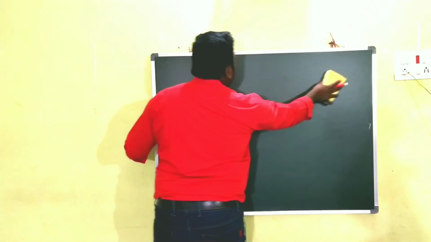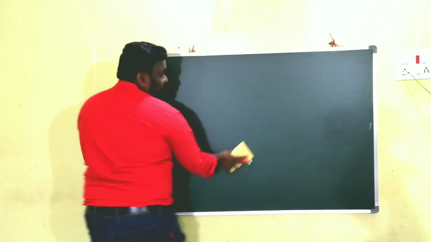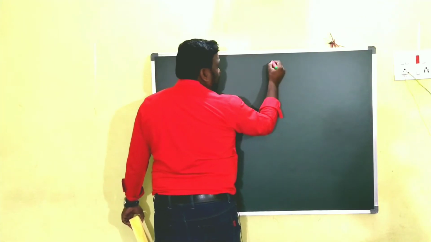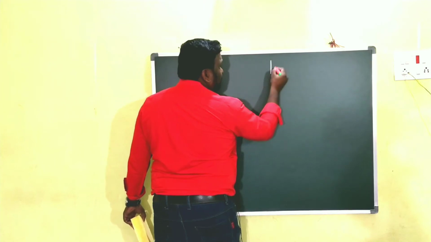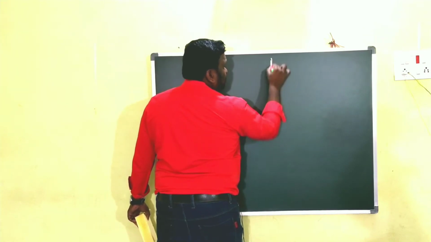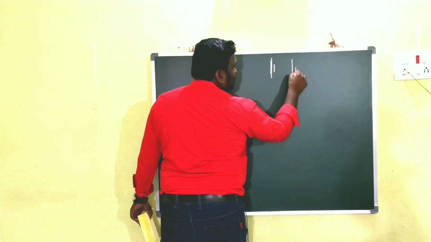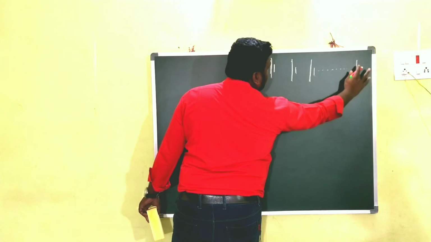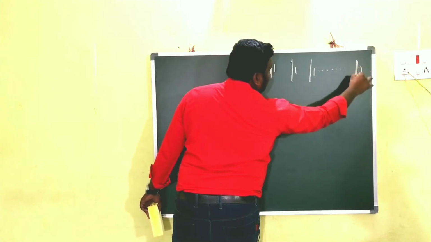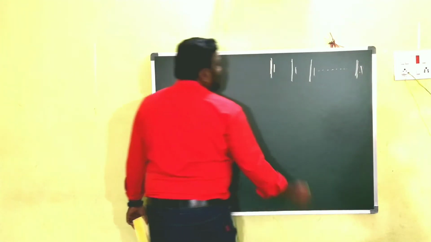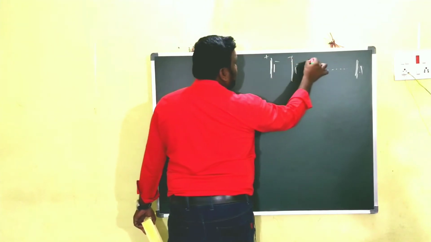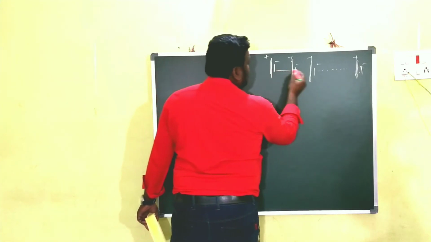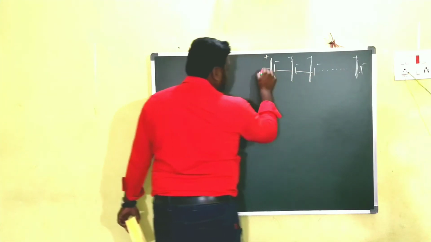Children, the same diagram I am going to draw in a simple way. We take n number of cells, and so on. Very simple diagram: plus, minus, plus, minus, plus, minus, plus, minus. They are joined like this. Now it is in series combination.